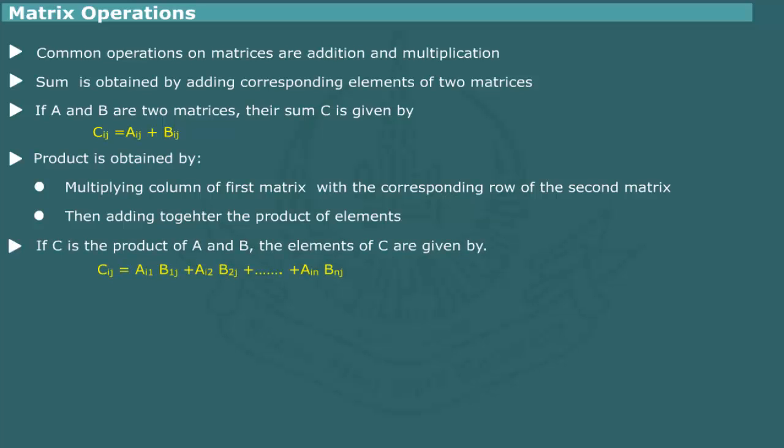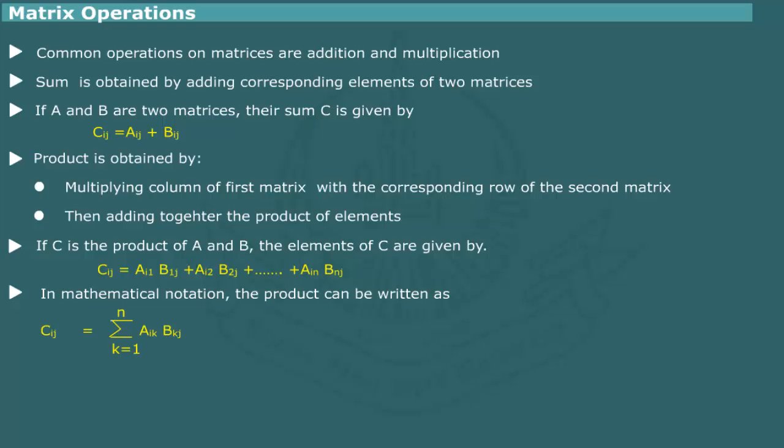If C is the product of matrices A and B, the elements of C are given by the following, assuming that both A and B are n by n matrices. In mathematical notation, the expression can be simply written with i and j varying from 1 to n. The symbol sigma represents the sum over the index k, which varies from 1 to n.